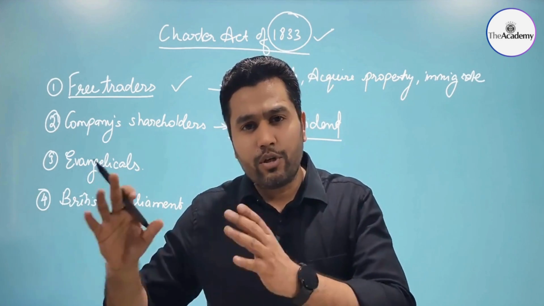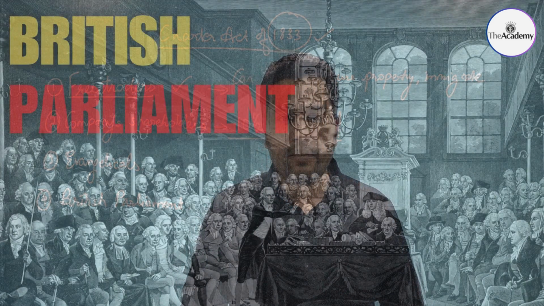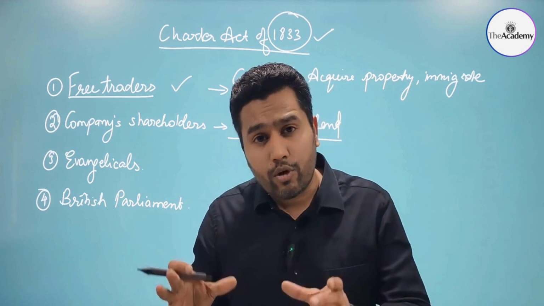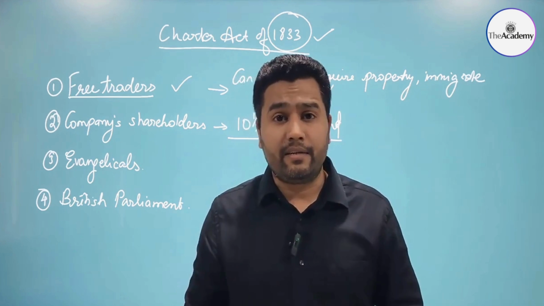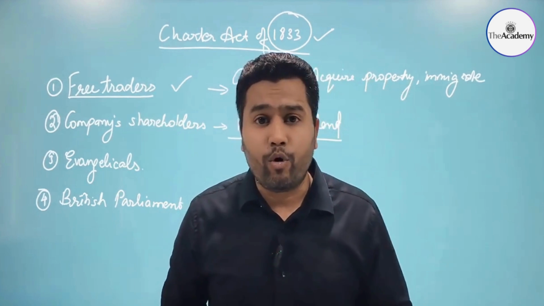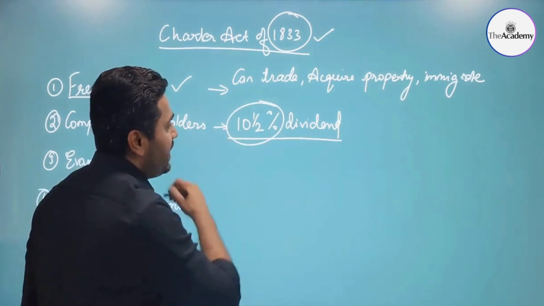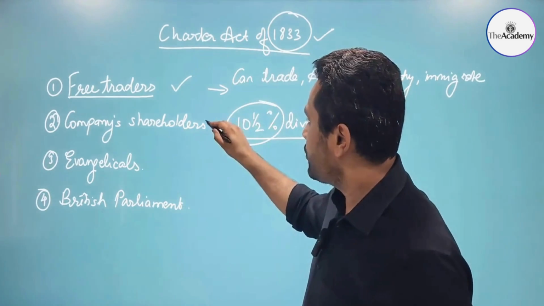So the time period was not specified. The British Parliament stated that now the company is being asked to stop all its commercial activities. So whatever stock would be remaining with the company, it would be purchased at 200% rate, either by the private traders, private companies, or companies back at home. Till that time period, the shareholders would be given a 10.5% dividend. So the shareholders of the company were also safeguarded.